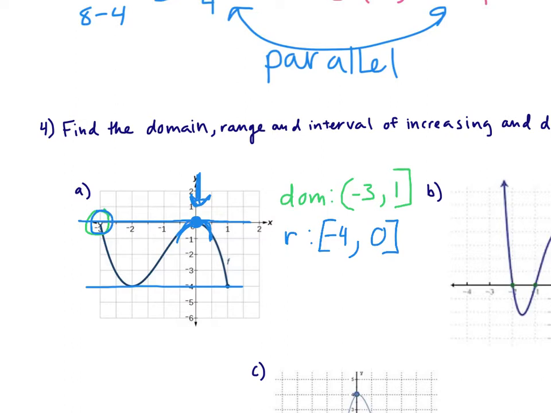So remember, domain, you're always looking at the x values. Range, you're always looking at the y values. So if that point at 0 was at 1, we wouldn't put the brackets. If it was, let's say that our graph went like this, our highest point then would be this open circle, and then we would put a parentheses.